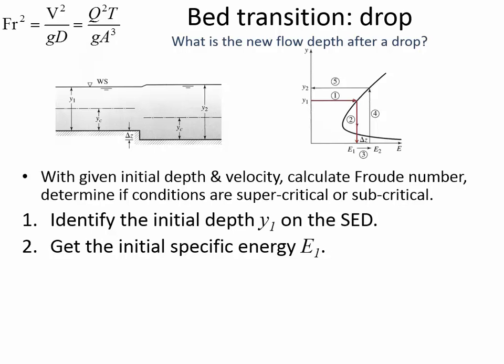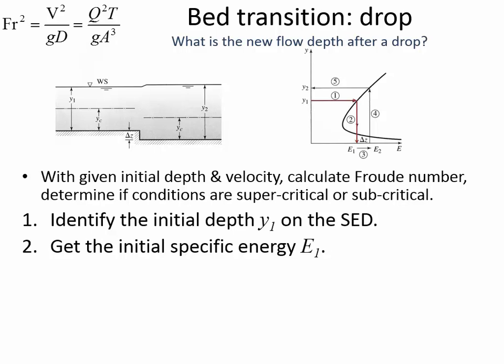This is the graphical approach, but we can do the same thing numerically. We'll follow essentially the same steps. We'll calculate E1. We'll know the depth component, and we'll know the velocity head component, and find how much energy is there above the channel bottom at location 1.